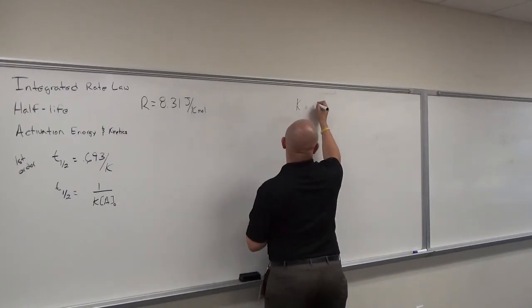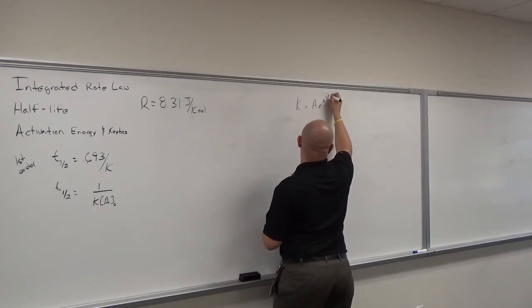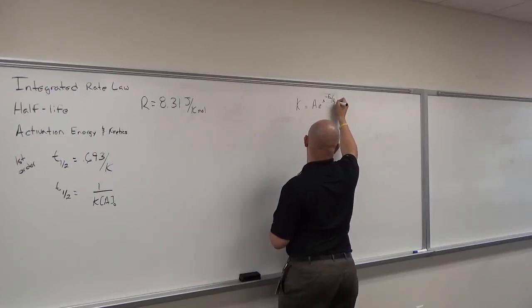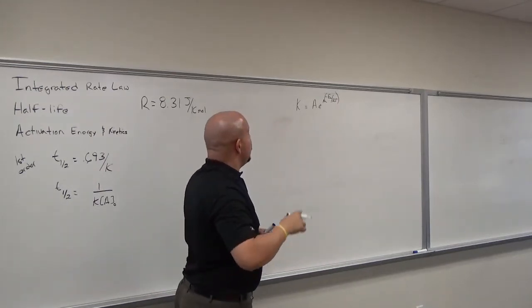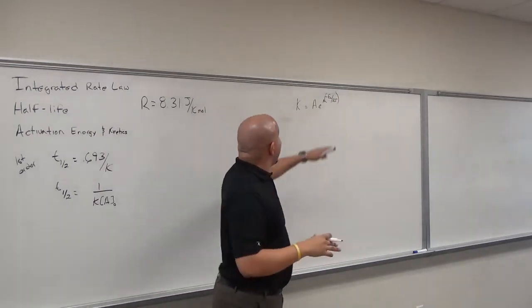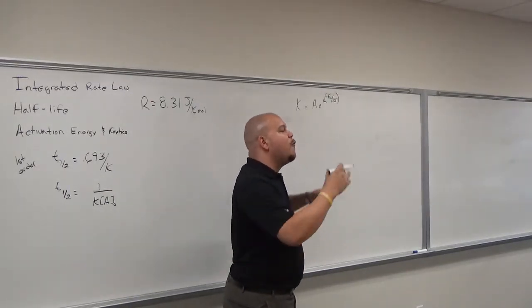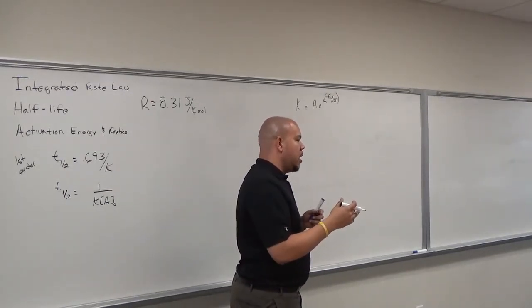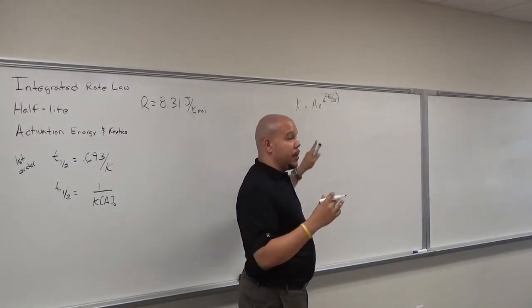So if K is equal to A e raised to the negative EA over RT, the way we solve for activation energy, in this case, is to take the natural log of both sides. Now, you can do that here, or you could manipulate first.